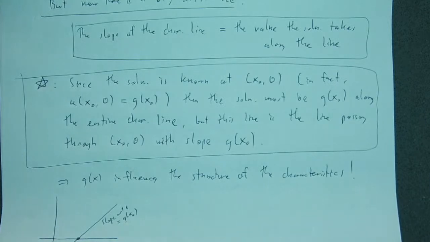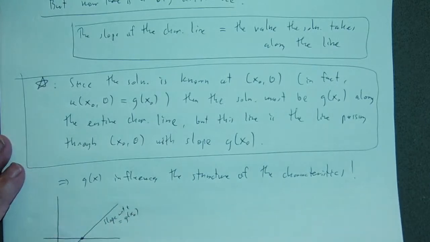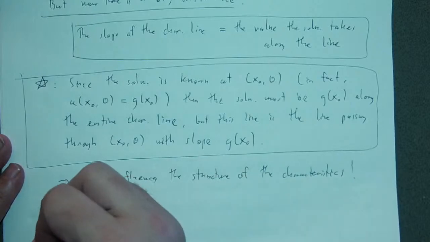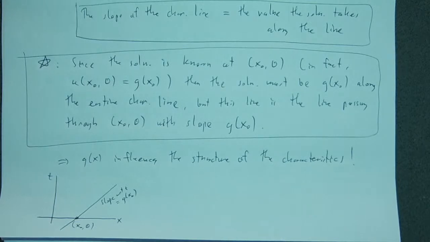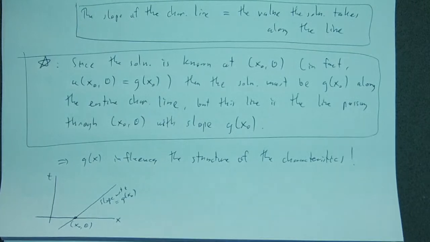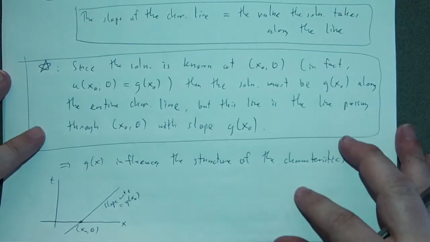If this is x and this is t, we're doing this in the opposite way. We're doing this as run over rise instead of rise over run. Okay, that's fine. And so the slope with respect to t is g of x naught.